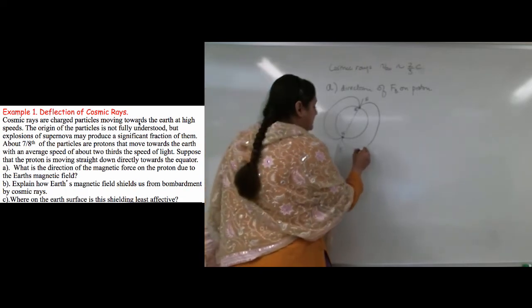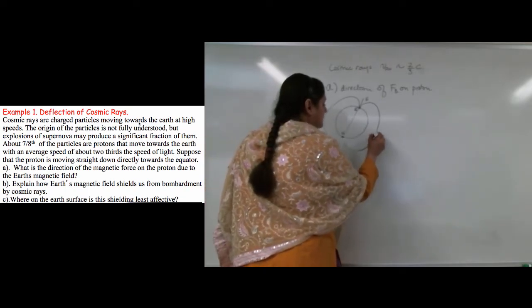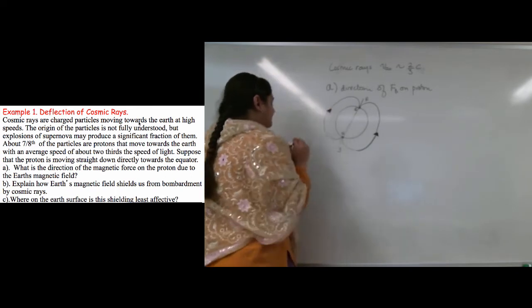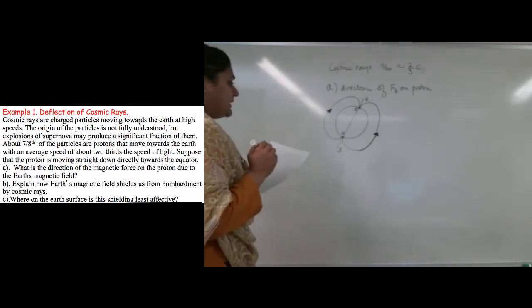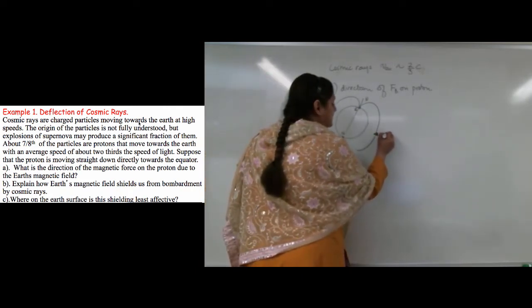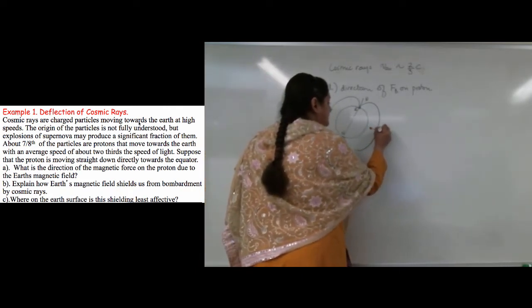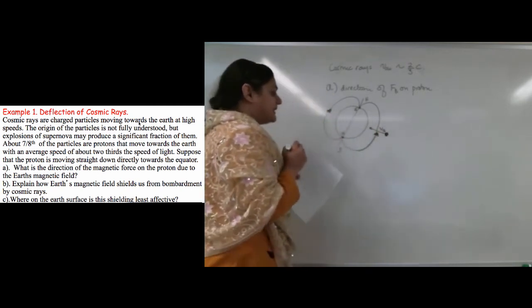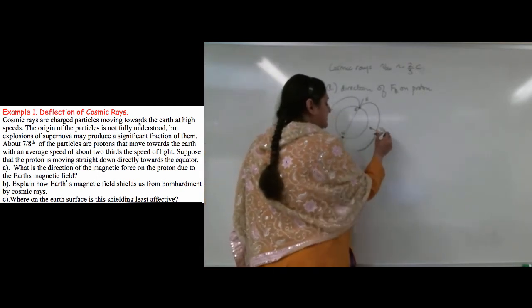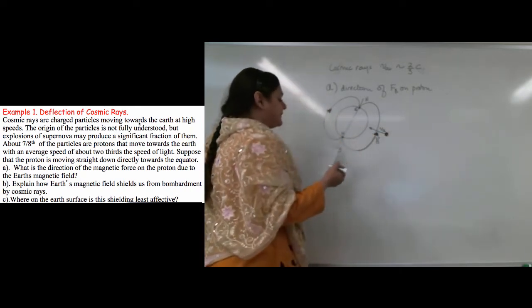So the B field will go from south to north. Okay? And what it's saying is that the particle, the proton, is coming inwards. So V goes this way. So now we have a B field that's pointing upwards and V that's going in.